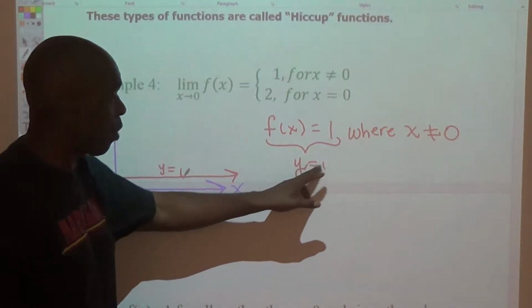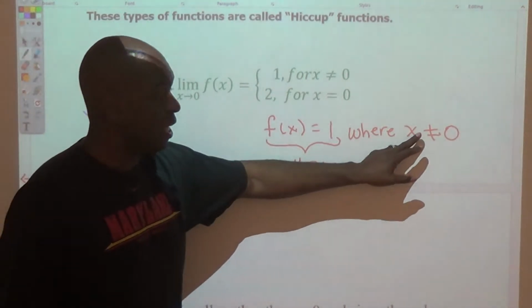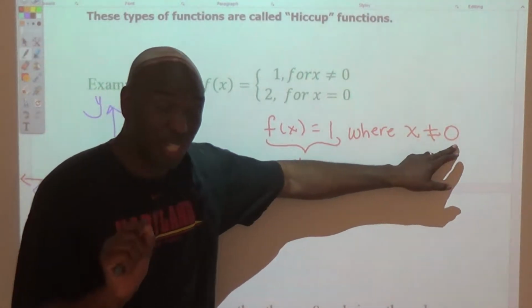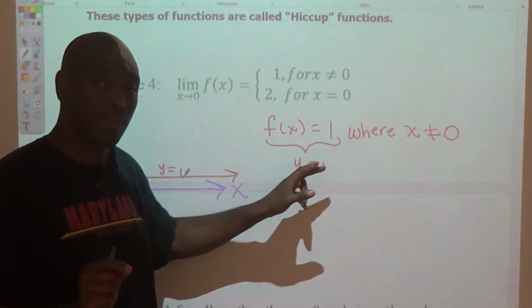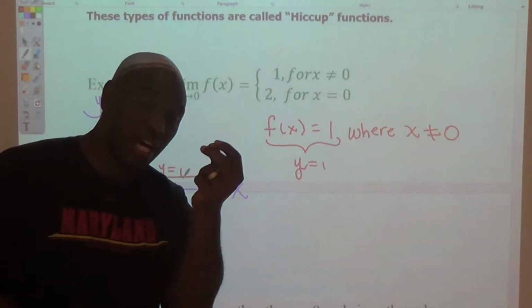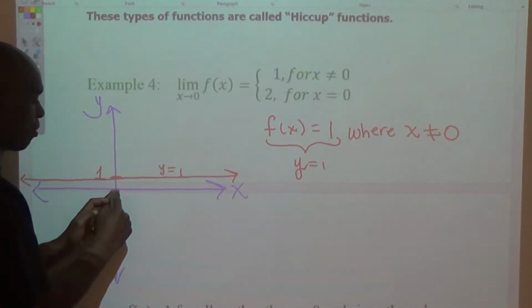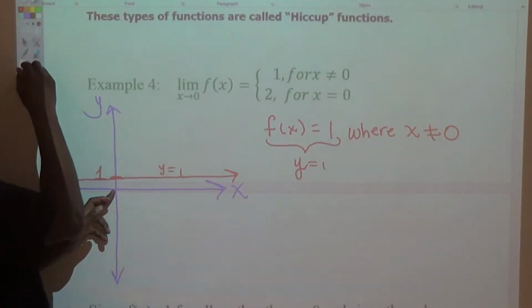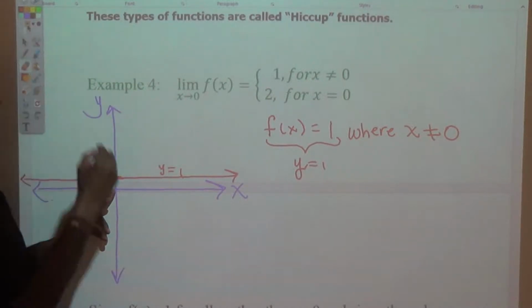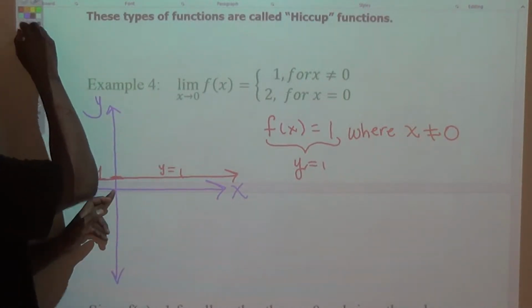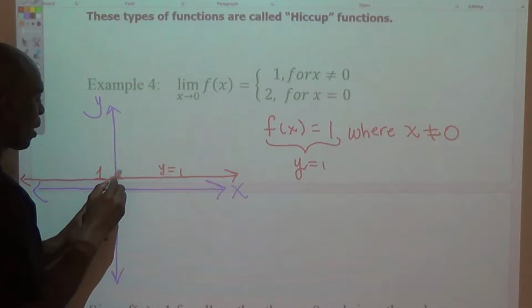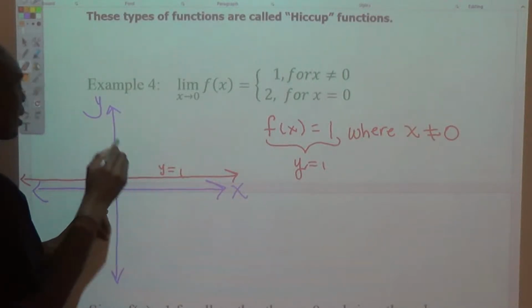Now, for this graph y equals 1, x cannot be 0. So go to the x value at 0, which is here, and there has to be a circle or a hole in the graph. So I'm going to put a hole right here, an open circle.